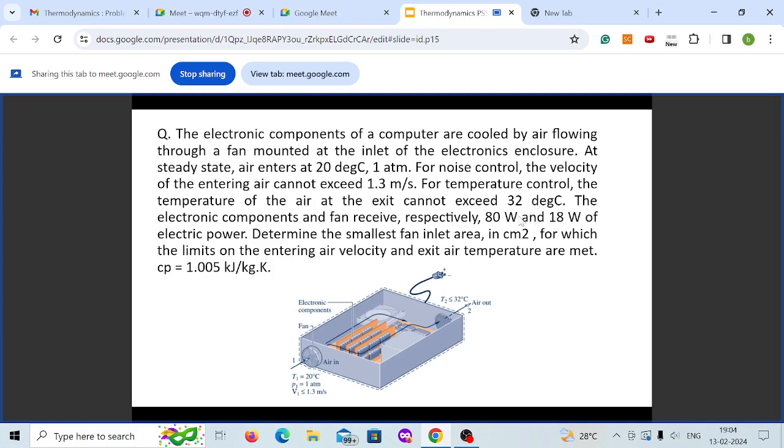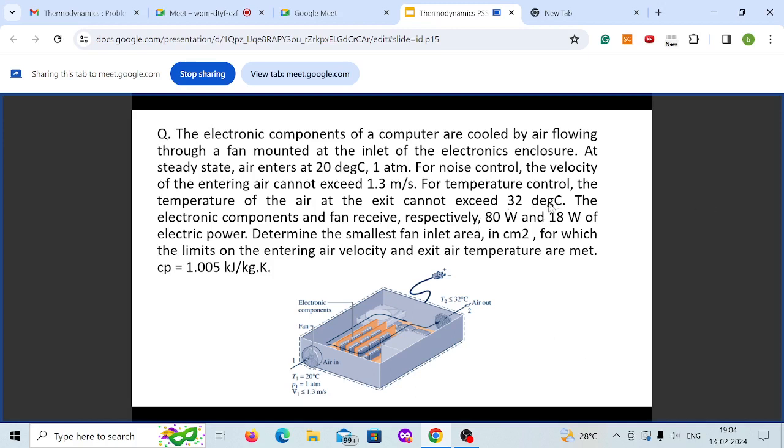Because if your temperature is more at the exit, it means your electronic component temperature itself is high. So you don't want that. So you are making sure that you have a good amount of mass of air going out to cool the electronic components.